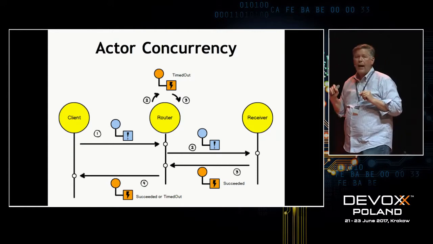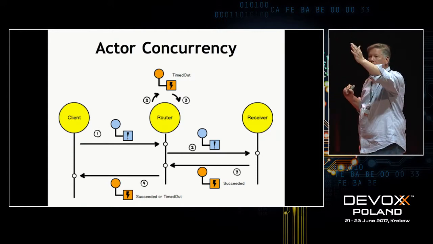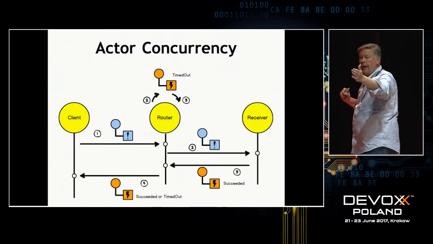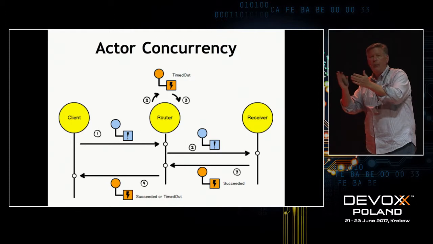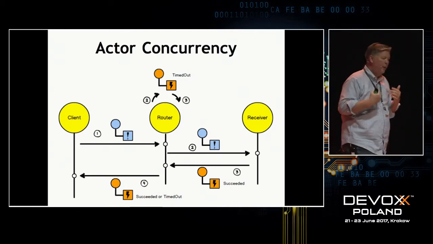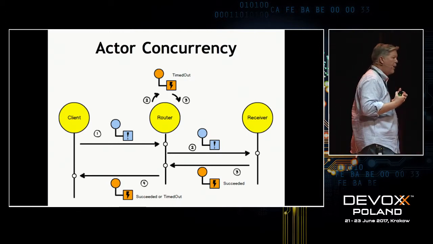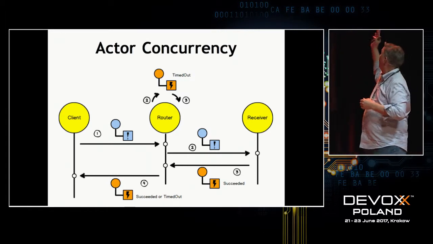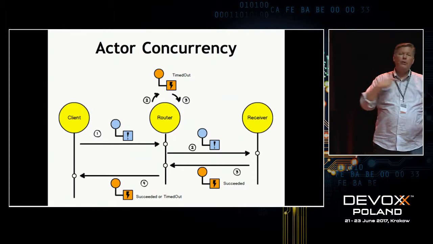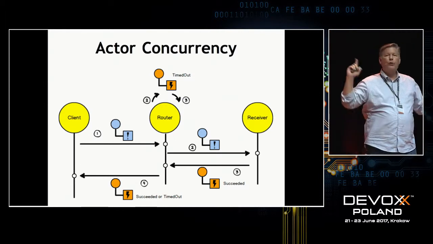As the router actor is asking for a scheduled event, a timer event, to be registered for the router itself, the router has also already sent a message to a receiver, and the receiver will react, and now there's a race condition.